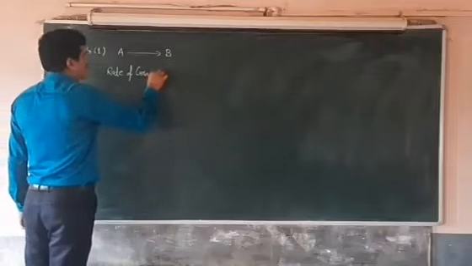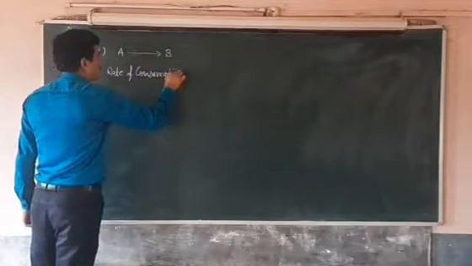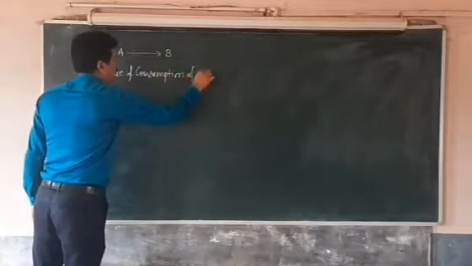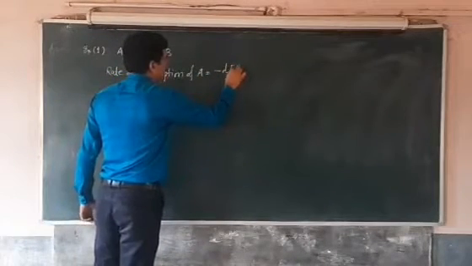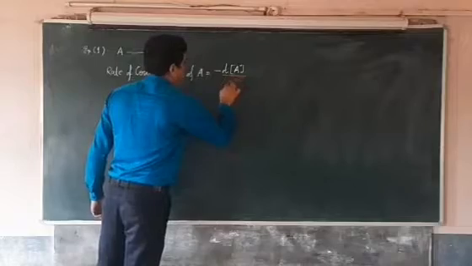Here, rate of consumption of A equals minus dA by dt.